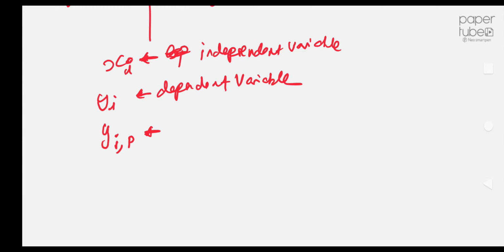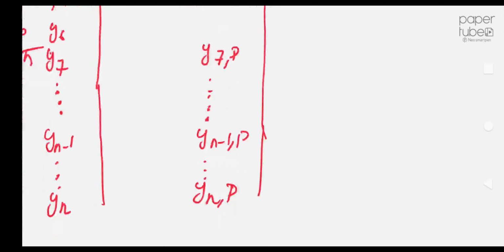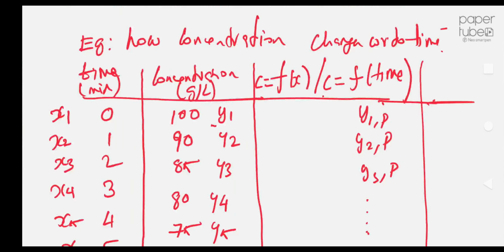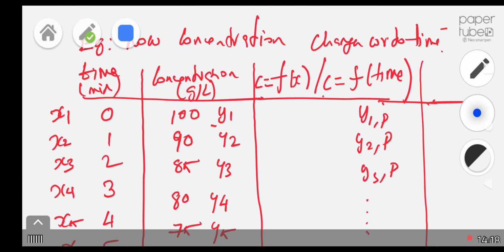So what do I mean by the error distribution? You have some experimentally obtained value, which we can call an observed value, and this is something which is predicted using a mathematical function for x1.